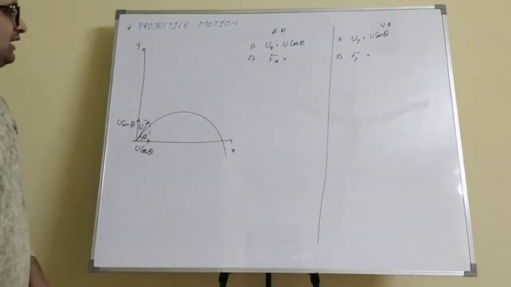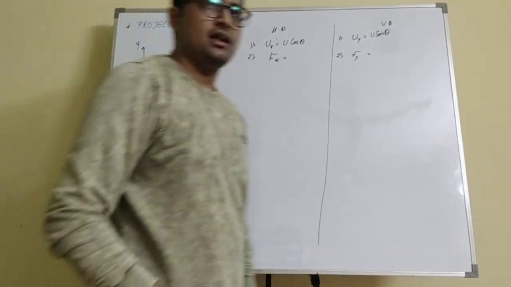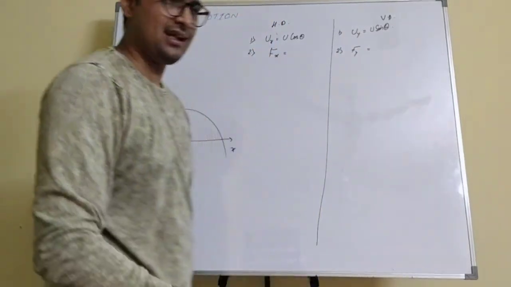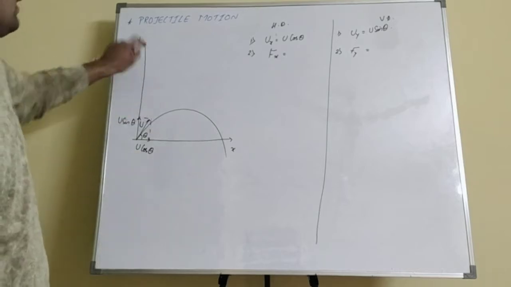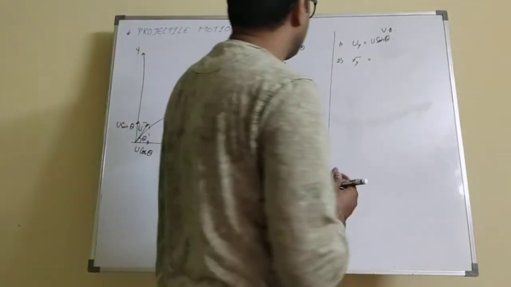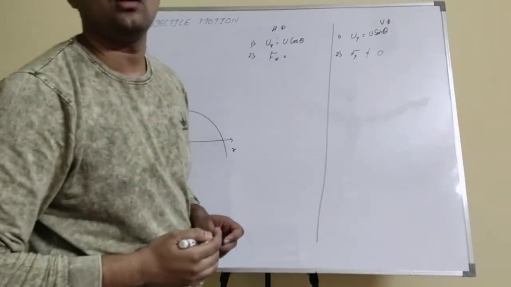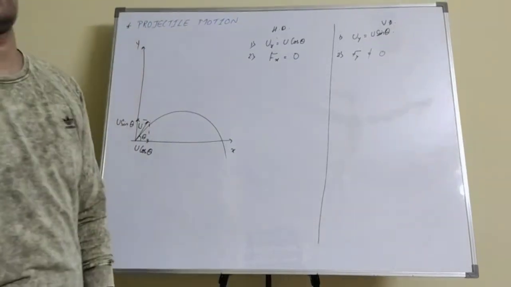Can you tell me, is gravity acting on x-axis or y-axis? Is gravity acting horizontally or vertically? Yes, it's acting vertically downwards. Vertically downwards means which axis? Y-axis. So we say that force on y-axis is non-zero, whereas force on x-axis is 0.